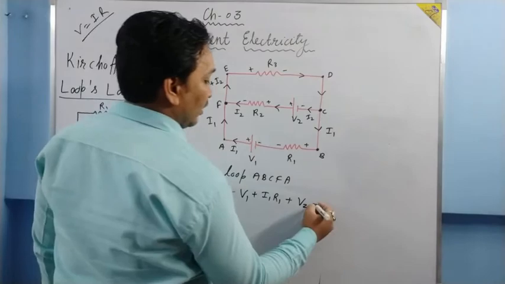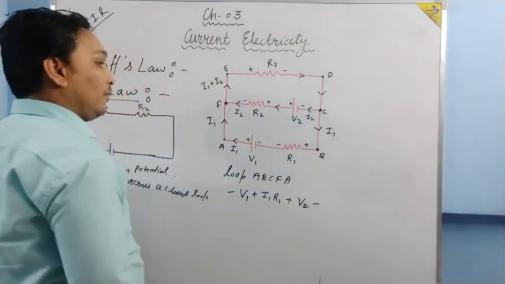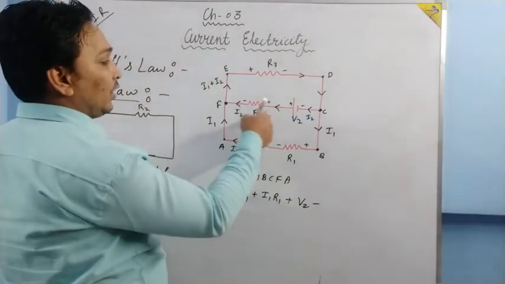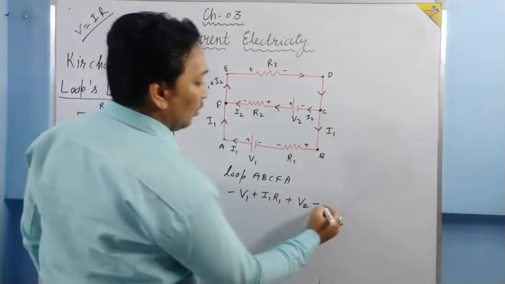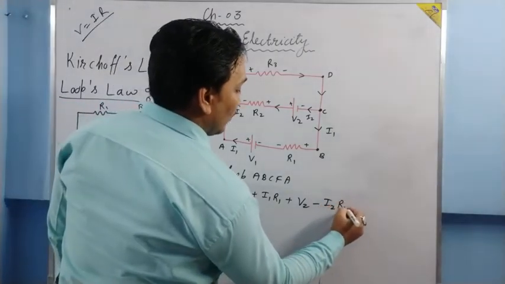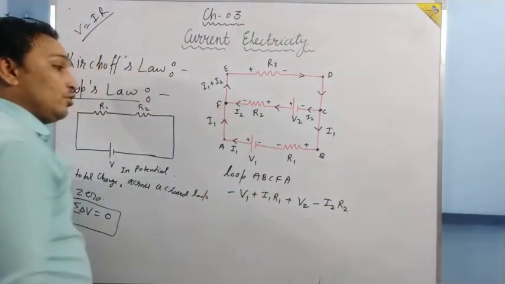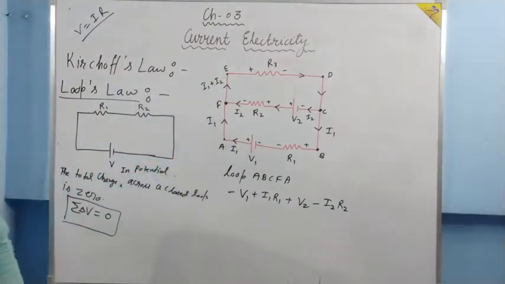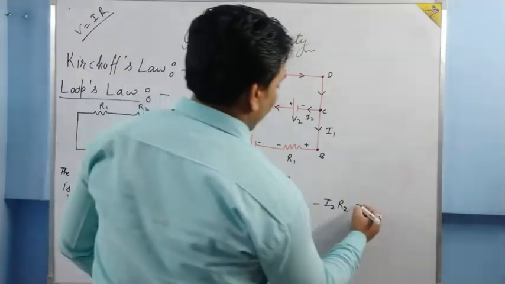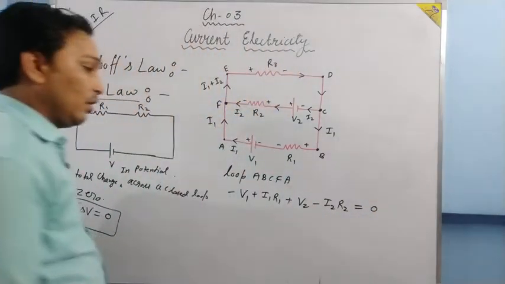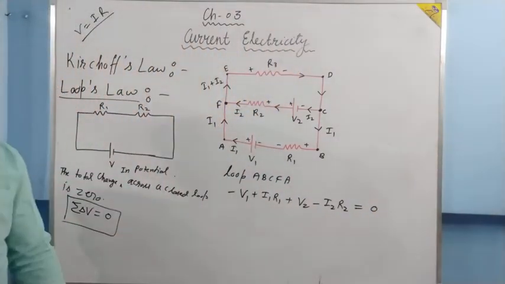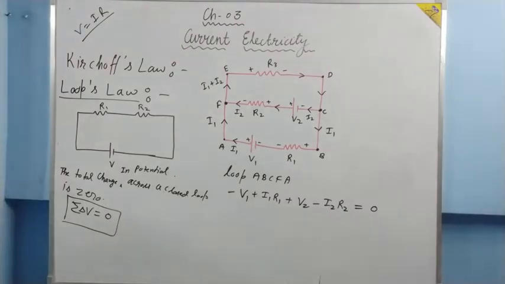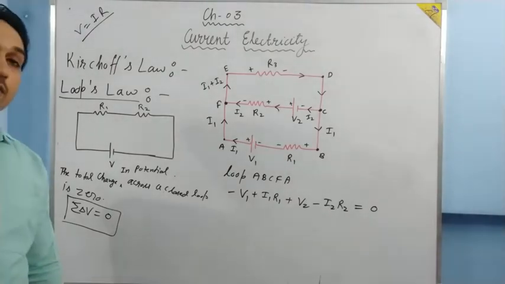What sign should be there? Minus. And what should we write as the potential difference? What is the current passing through R2? It is I2. So we should write I2 R2. Now we have reached point F. From F to A there is nothing to encounter. What should we write over here? 0. Okay, so this is the equation. One equation we have got, which includes V1, V2, I1 and I2.